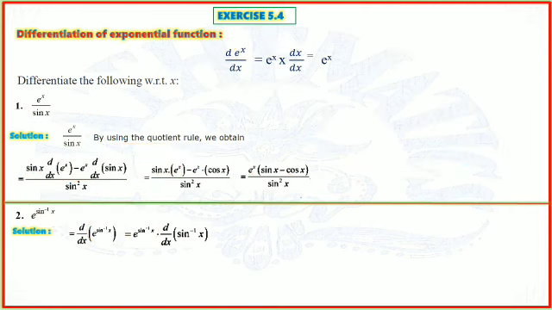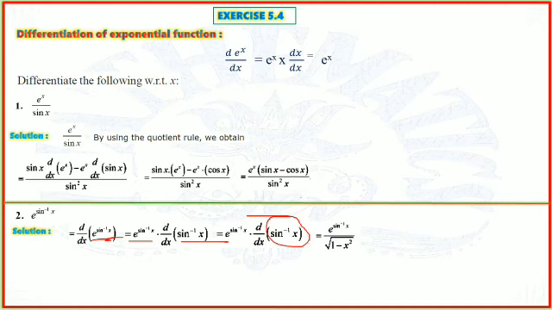So then this is exponential sine inverse x as it is, and then the derivative of sine inverse x we are going to do now. So exponential sine inverse x, this one, and then the derivative of sine inverse x is what? 1 upon under root 1 minus x square.